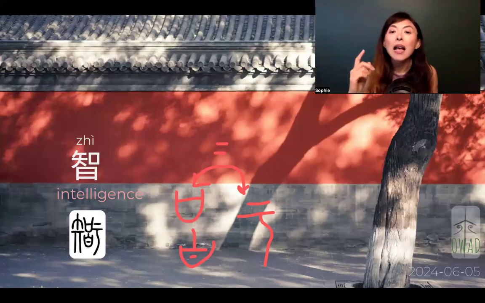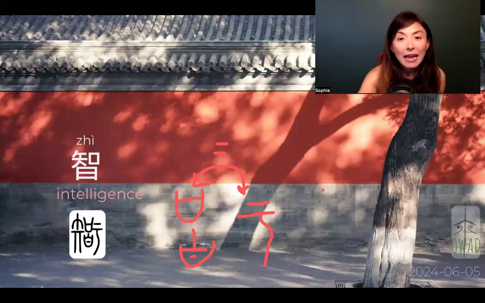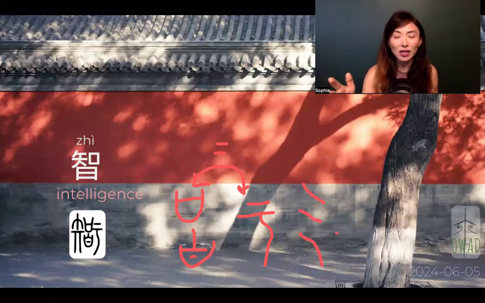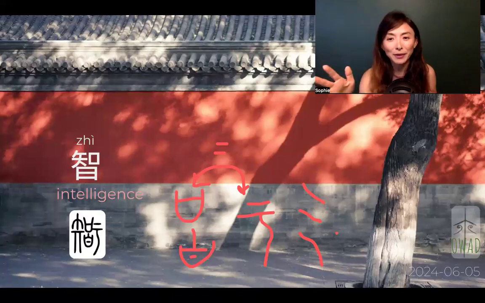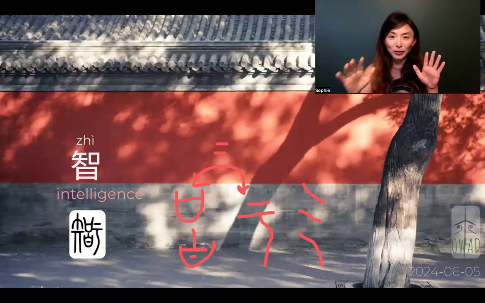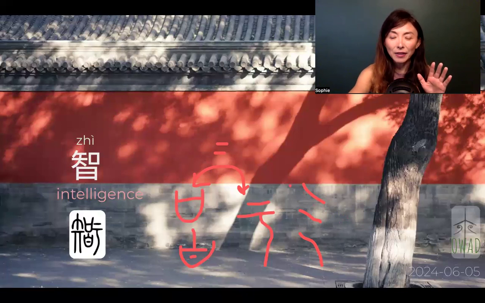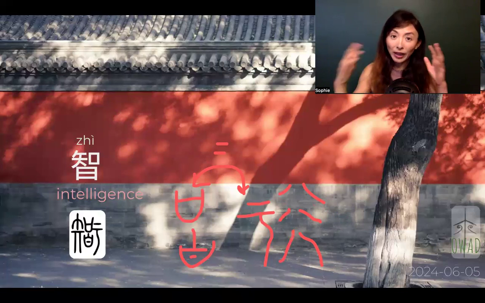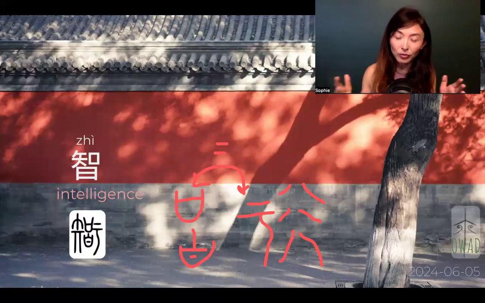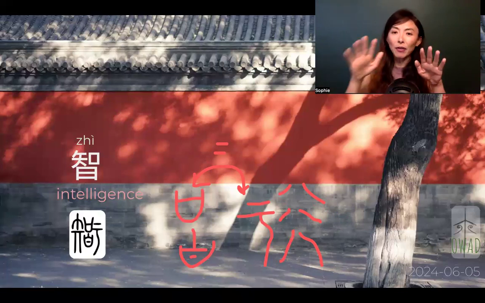So to me, this right side is another possibility of depicting this. This is an abstraction of human footsteps. When we're moving through space, Chinese use three to mean many, multitudes, and left and right, left and right, left and right.